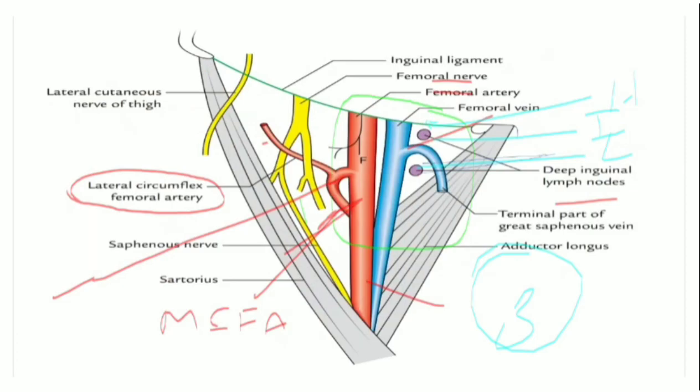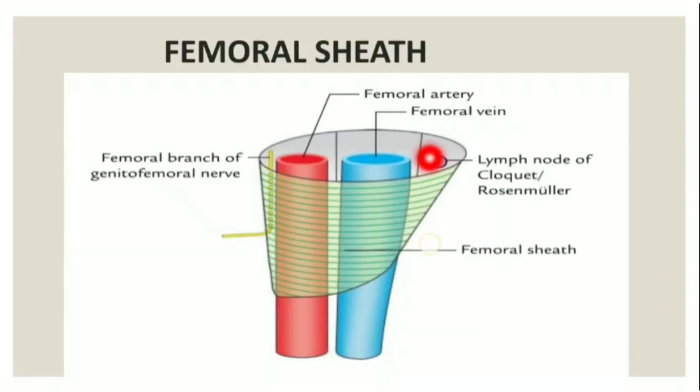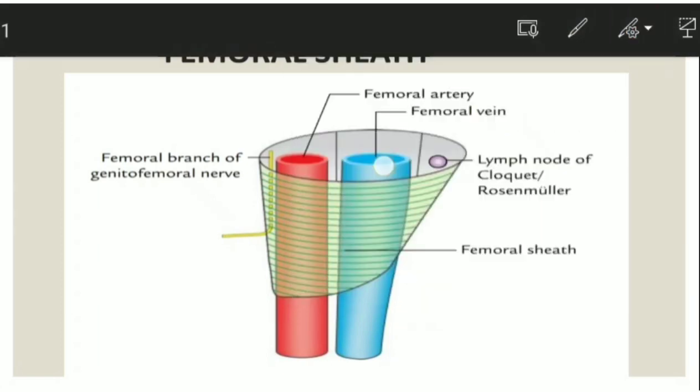This upper part, which lies between the abdominal cavity and the lower limb, is like a cap, and this is called the femoral ring. Does it look like a ring? This is the femoral ring, and inside it is the femoral canal. This canal is empty, and only one lymph node is there. So this is called the femoral canal.